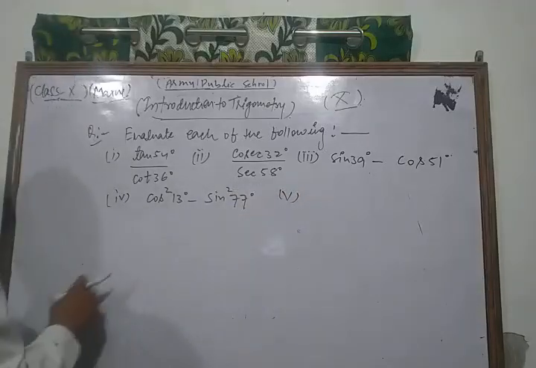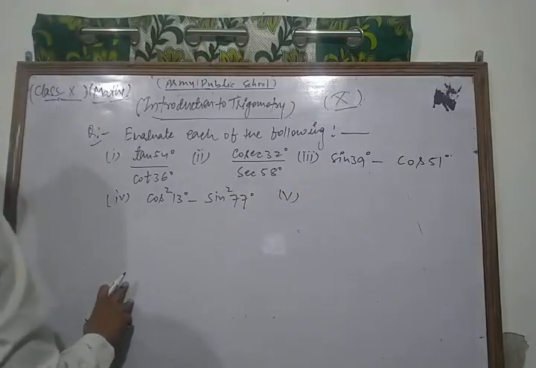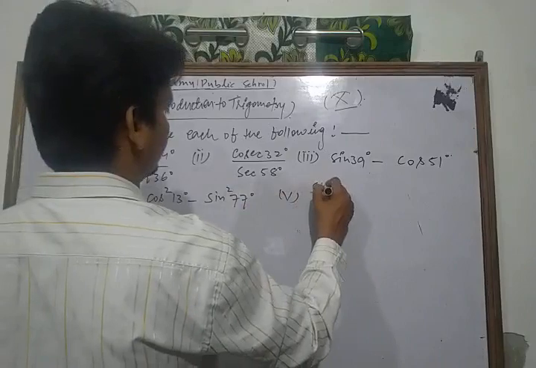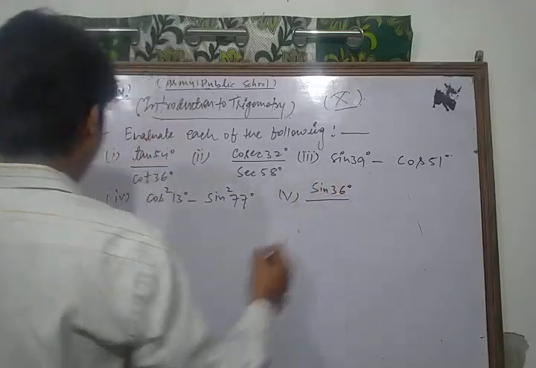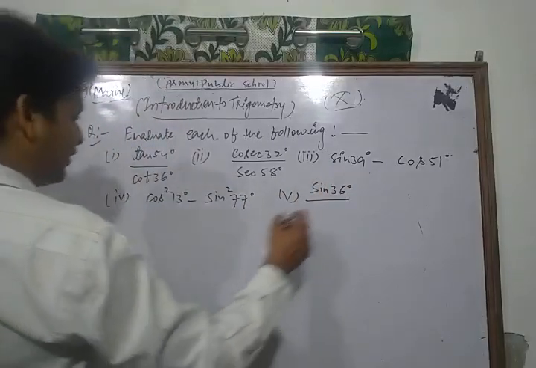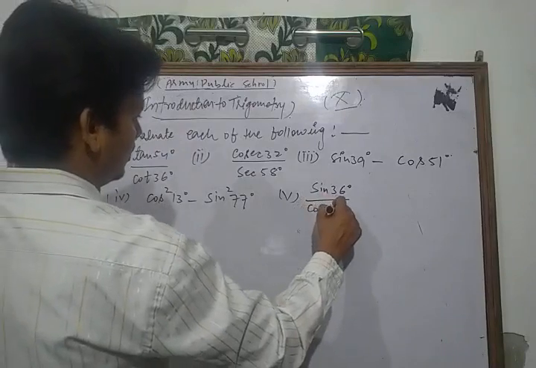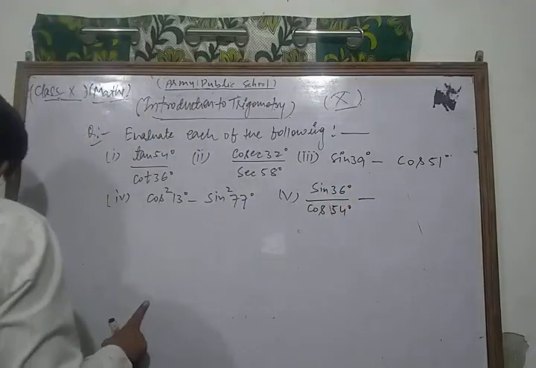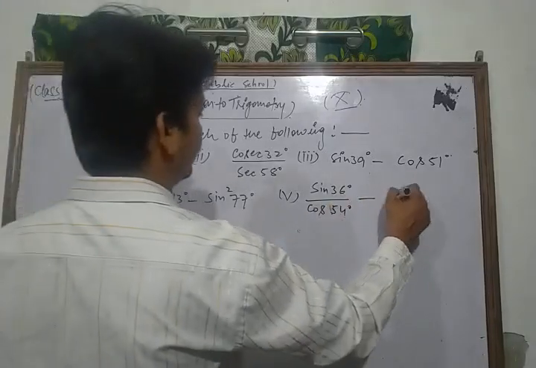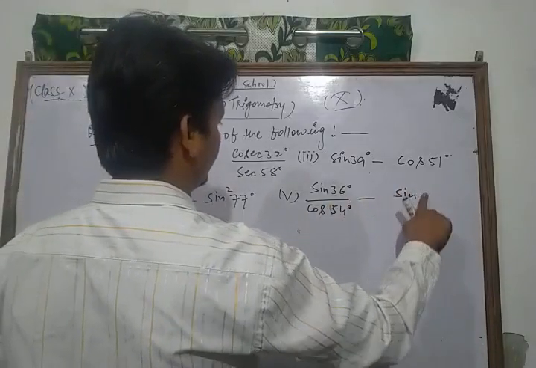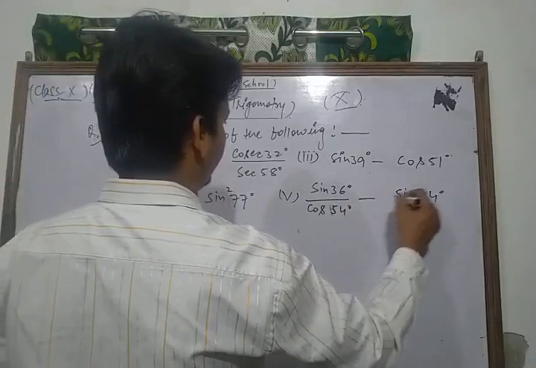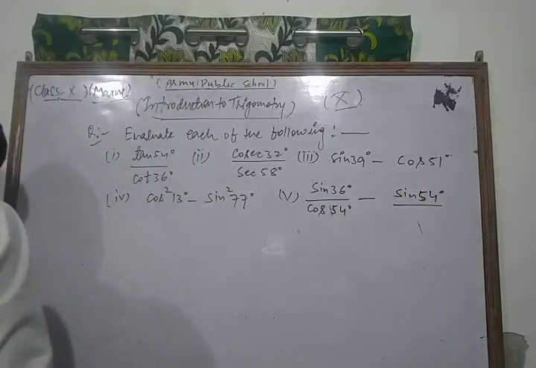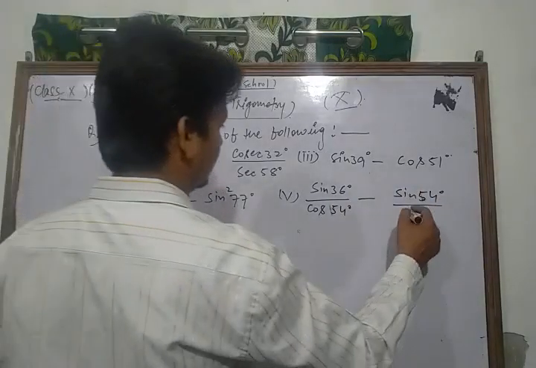And fifth one is sin 36 degree upon cos 54 degree minus sin 54 degree upon cos 36 degree.